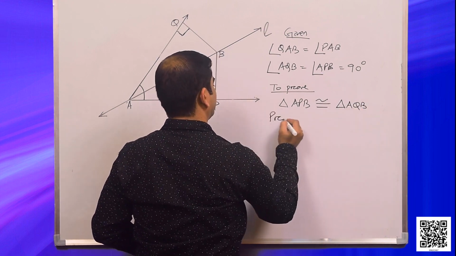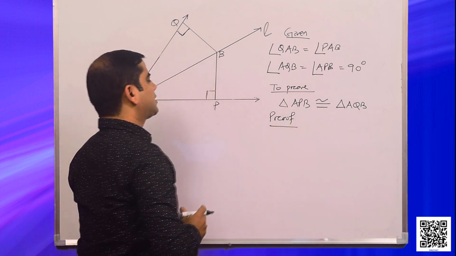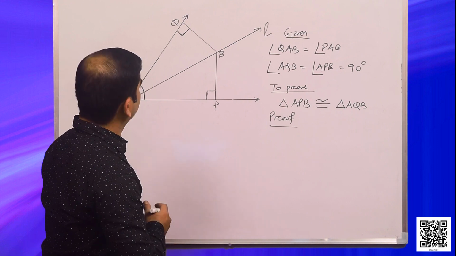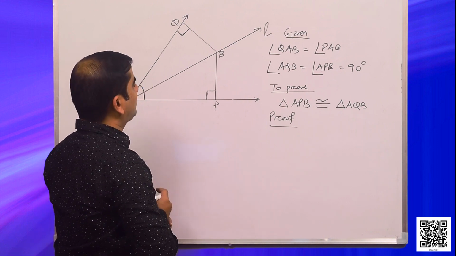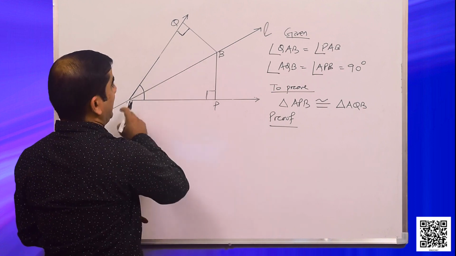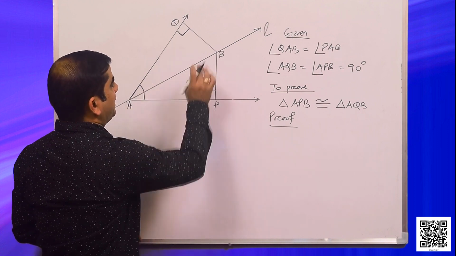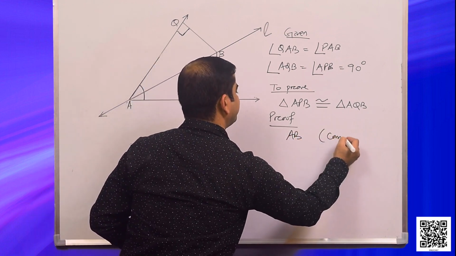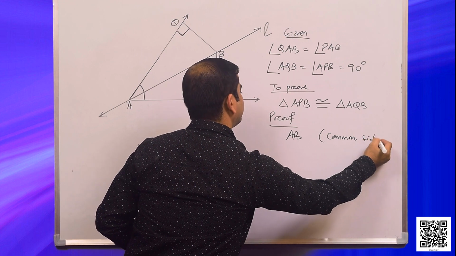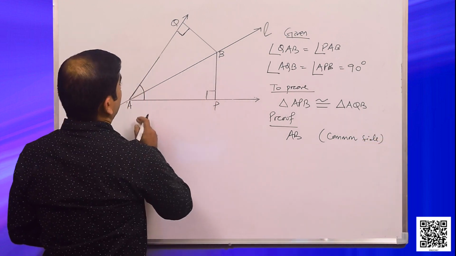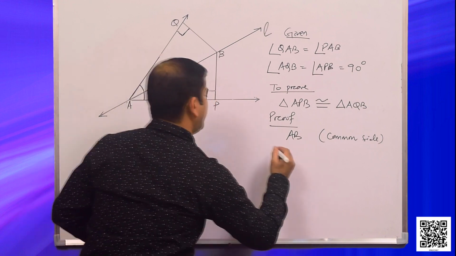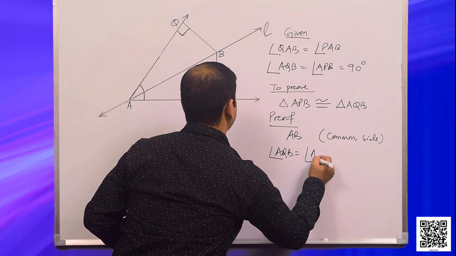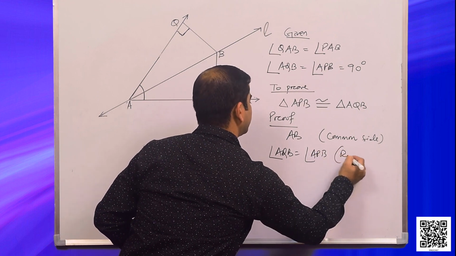So let us prove. Now let us concentrate on these two triangles, triangle APB and triangle AQB. What we can observe is that in these two triangles AQB and APB, AB is a common side. Again angle AQB is equal to angle APB, right angles.